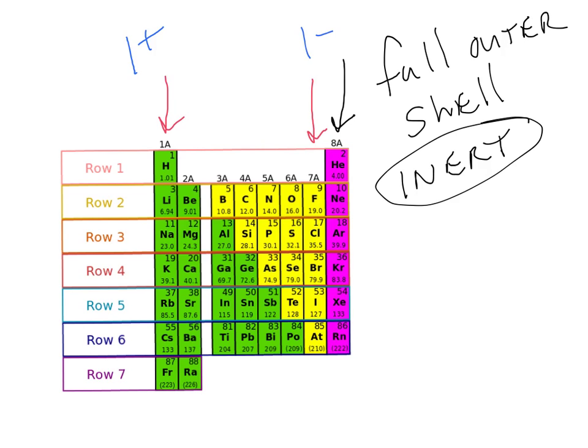Consequently, this column here, which we call the alkaline earth metals, they also will become ions, but they have 2 in their outer shell. So they're going to give away 2, and everyone in this column will form a 2+ charge.